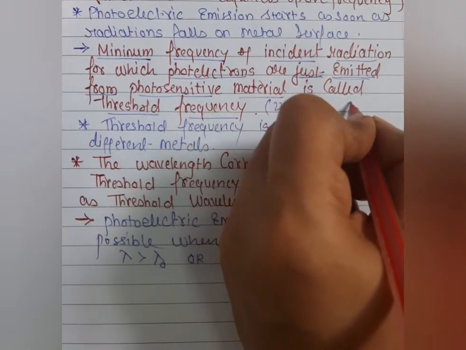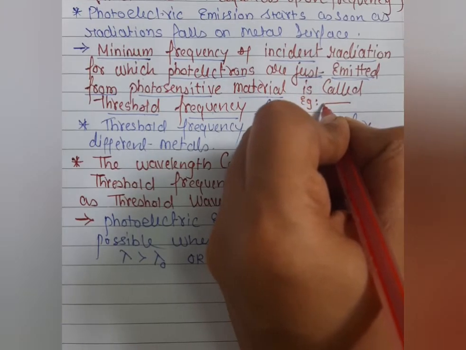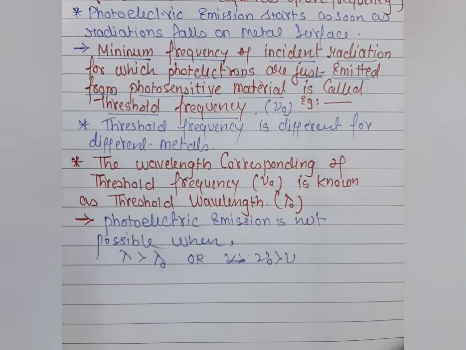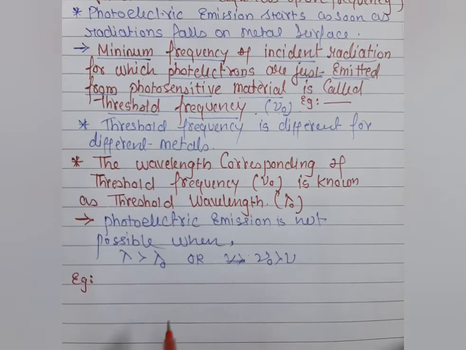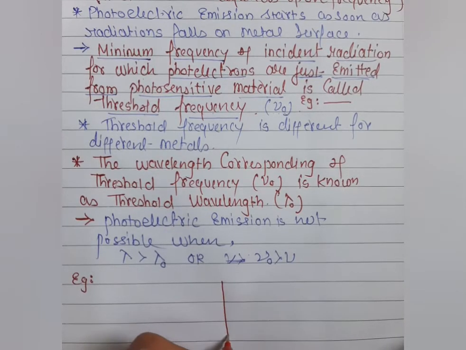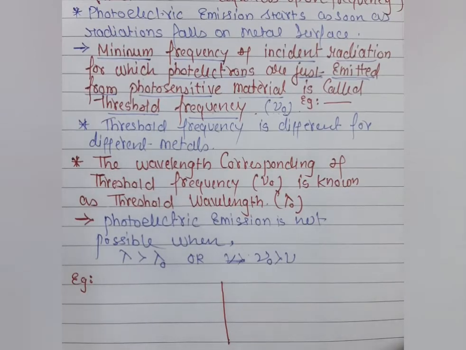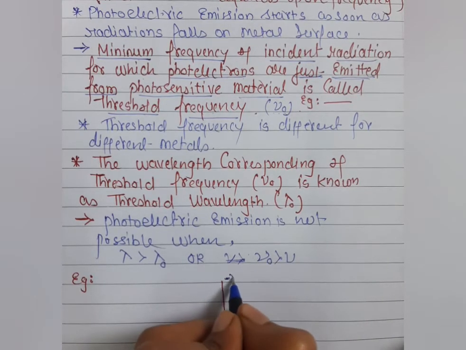For example, if I am taking potassium metal, I can consider the example here. Here I am taking a metal plate. In this metal plate, students, when the light is incident on it, I am taking the example of potassium metal.